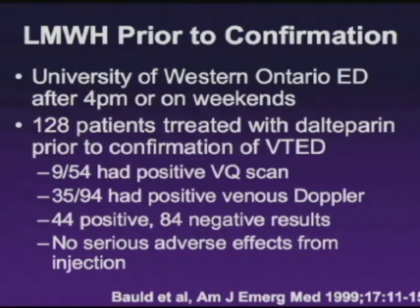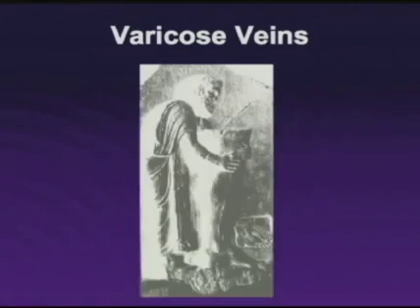Neither in the group with DVT or PE nor the group without DVT or PE were there any adverse effects from giving anticoagulation with low molecular weight heparin. So it's felt to be a safer approach to defer imaging in patients with suspected deep venous thrombosis.